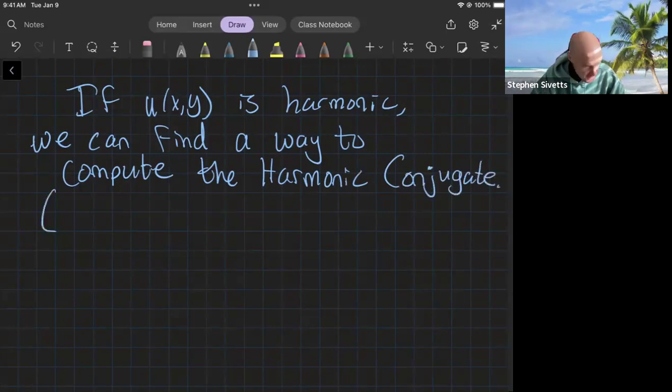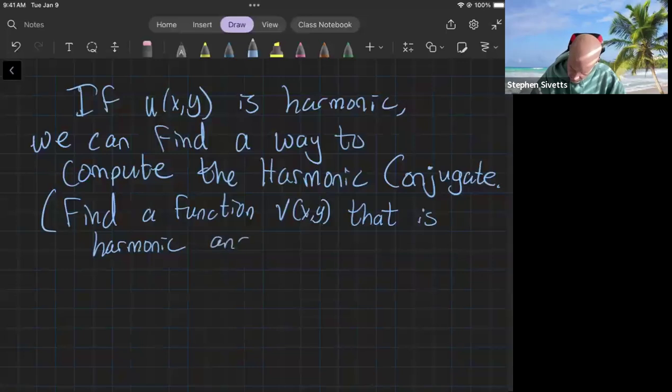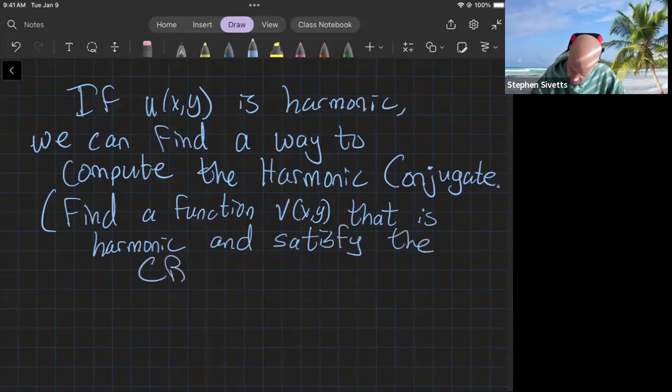What that means is we just find a function v of xy that is harmonic and satisfies the Cauchy-Riemann equations.